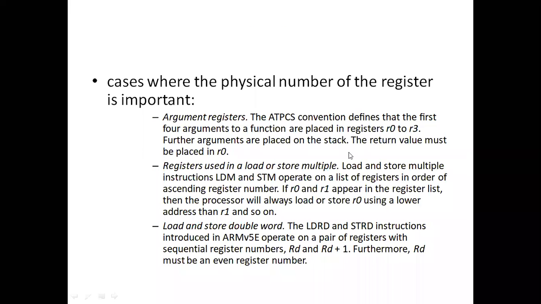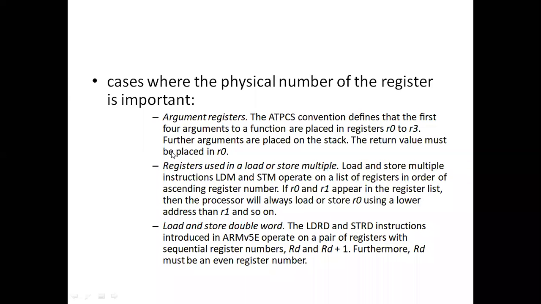The first four arguments will be stored in R0 to R3, and the further arguments are stored on the top of the stack. The return value must be placed in R0. That is very important. You are writing functions with n number of arguments.